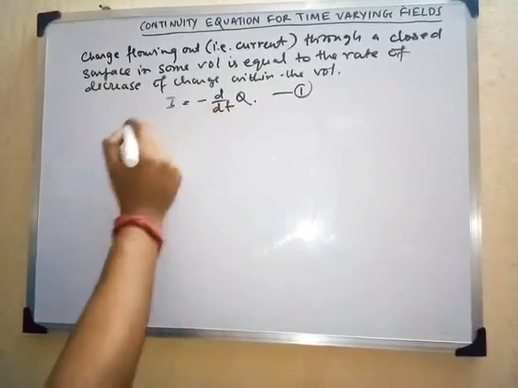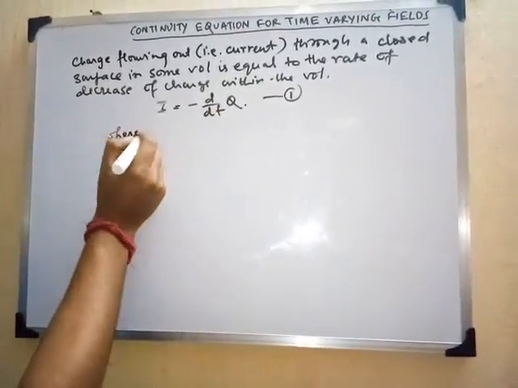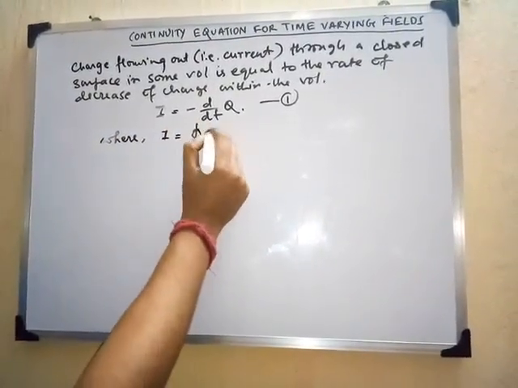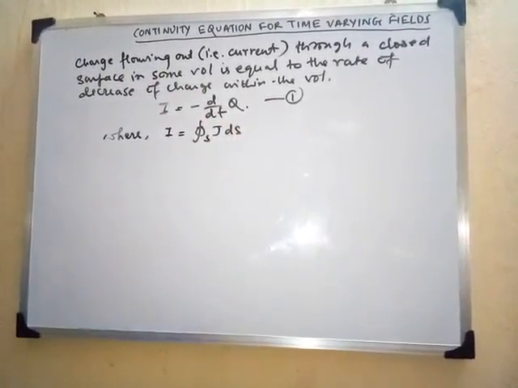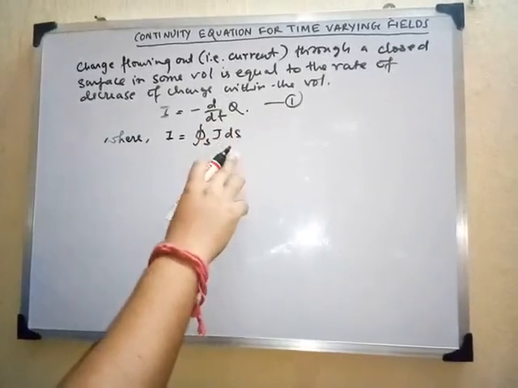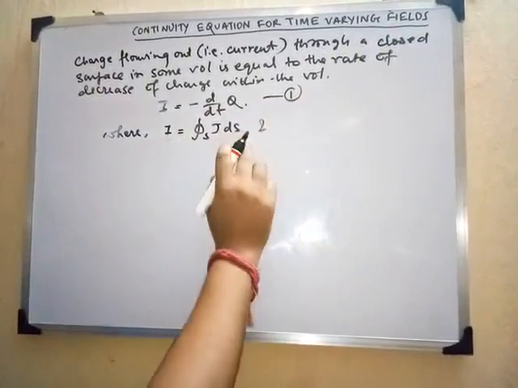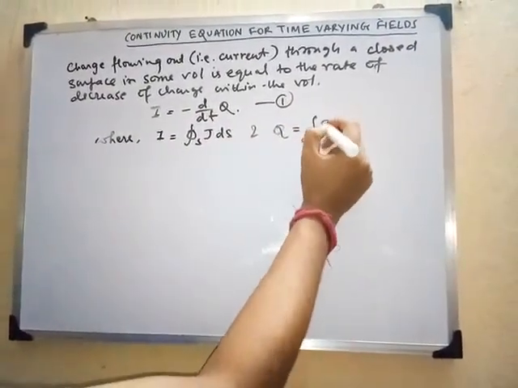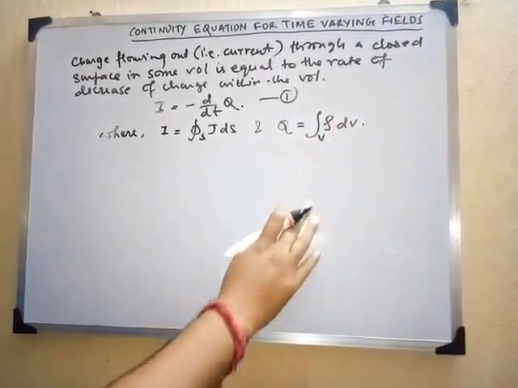Now in this expression, I is equal to the closed surface integral of J dS, which we have seen in our previous class, in the relation between J and H. And Q is given as the volume integral of rho dV, where rho is the volume charge density.